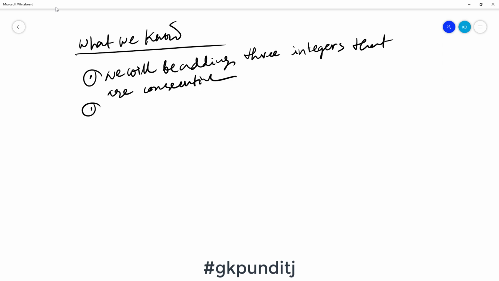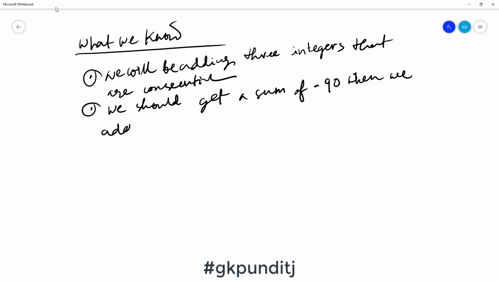So that is one thing we know, and we should get a sum of minus 90 when we add the three integers.